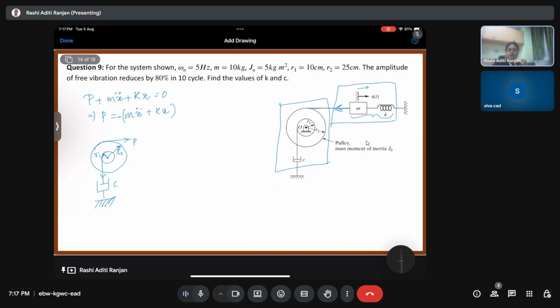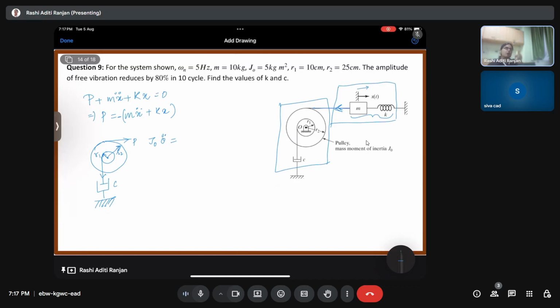Now, if we try to balance the moment about this point, what are we going to get? For the pulley, we are going to get that J naught into theta double dot is going to be equal to what? P is in the clockwise direction.